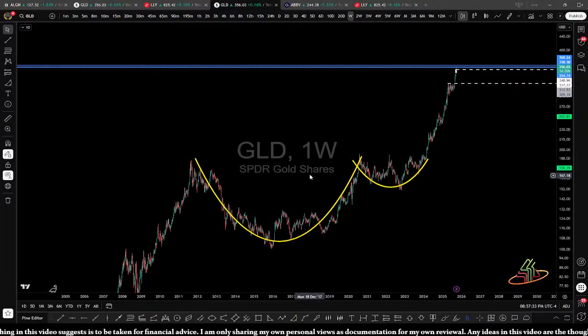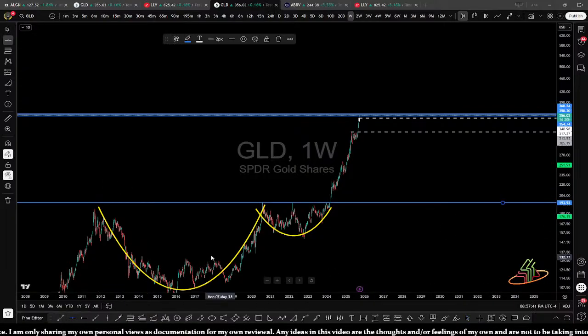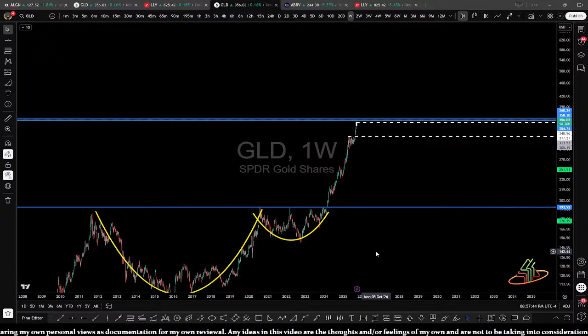So you have gold breaking out crazy, and a lot of people ask, why is gold breaking out so much? This is what's going on. Everything is always on the chart. It's not something you have to wait for. You've got to analyze the chart, understand how to read it and how price moves.